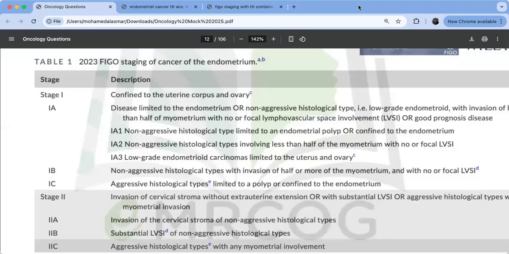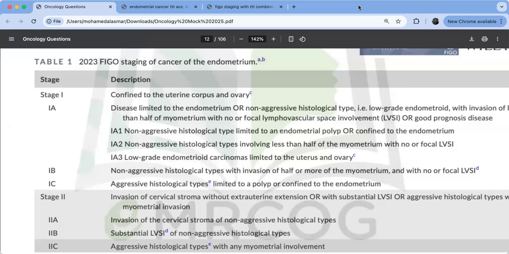By identifying the faulty gene, you will get an idea about the behavior of this tumor. So for example, we will have the POLE mutation, the P53 mutation, or the MMR, this is for Lynch syndrome, or the non-specific type.